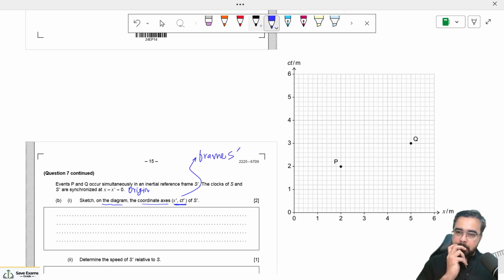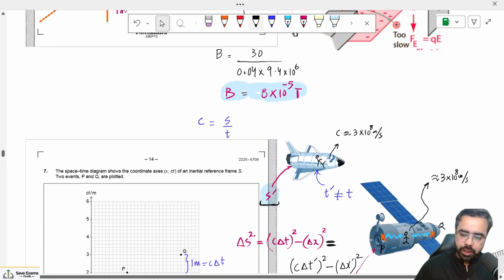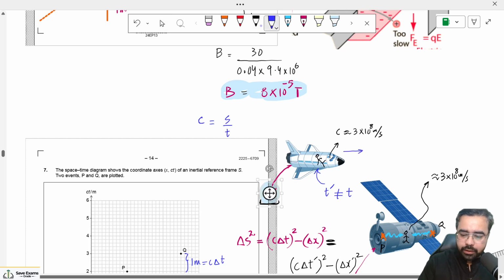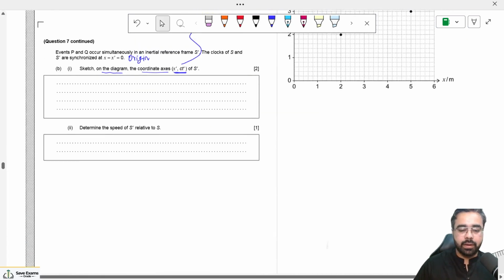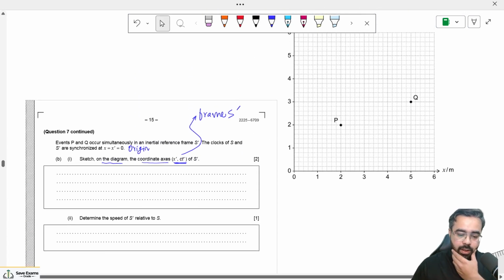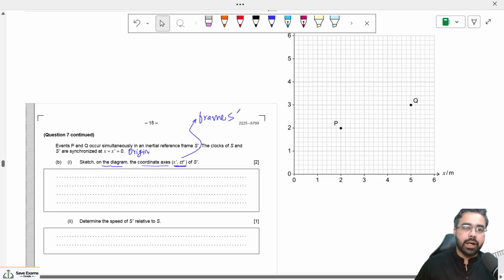Now the problem is that many students will be confused here and think we are not given the velocity. Because if you are given the velocity of this spaceship, from that velocity you can find the angle, and from that angle you may draw the axes of the frame of reference. But we have a very strong clue that was already given in the beginning of the question.